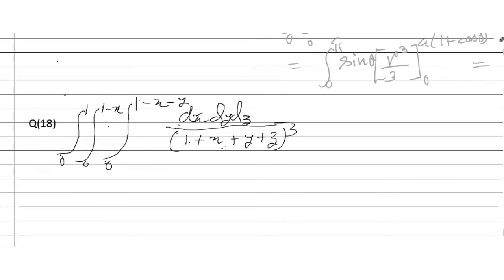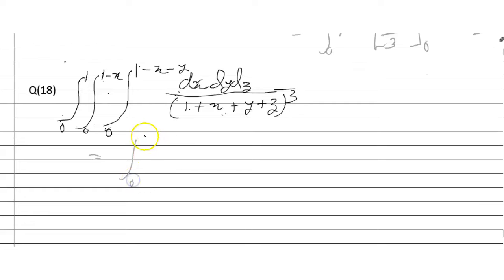Now next I will solve this problem. So 0 to 1 and 0 to 1 minus x, equals minus 1 by 2, 1 plus x plus 1 by z whole square, 0 to 1 minus x minus y, into dx into dy.